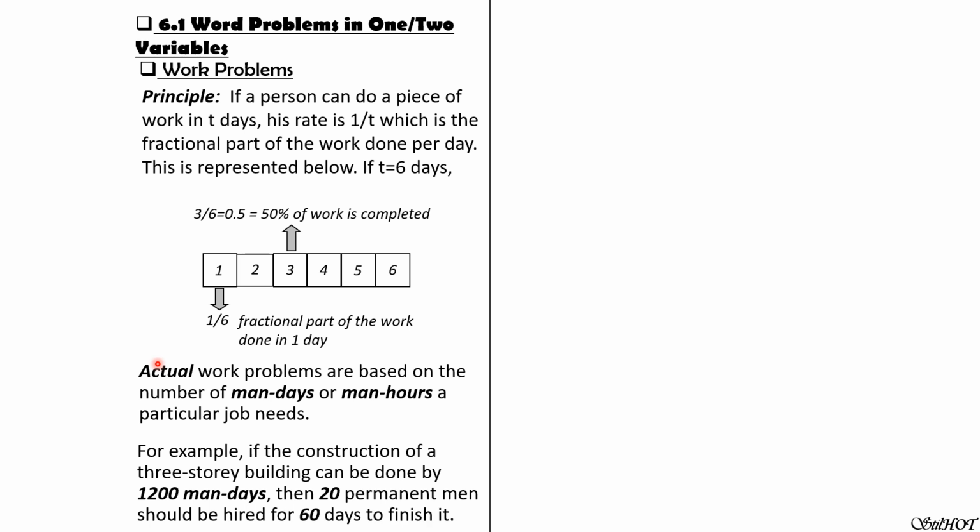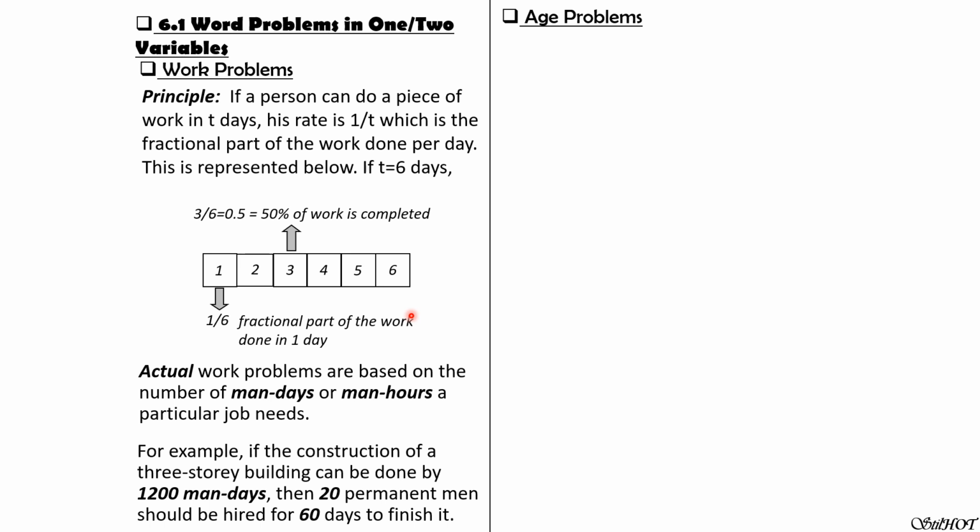So it may also be 30 permanent men should be hired for 40 days. So that 30 times 40 equals 1,200 man days. 20 times 60, that's also 1,200 man days.